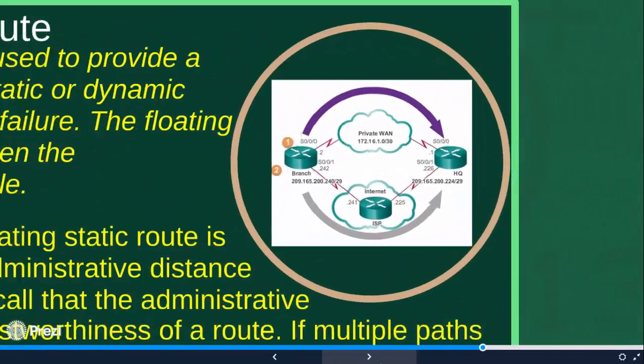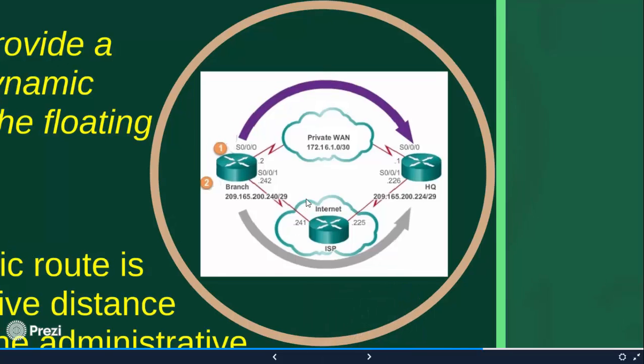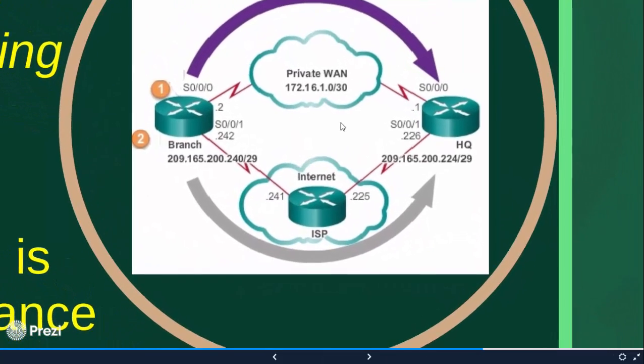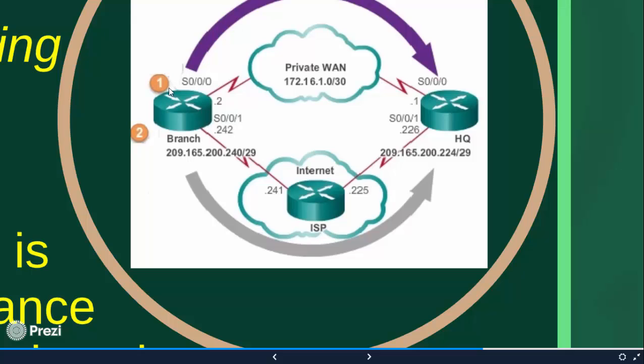To magnify, you have here the private WAN, the internet, and then the router branch and router HQ. As you can see, these are the static routes: route to private WAN and route to internet.